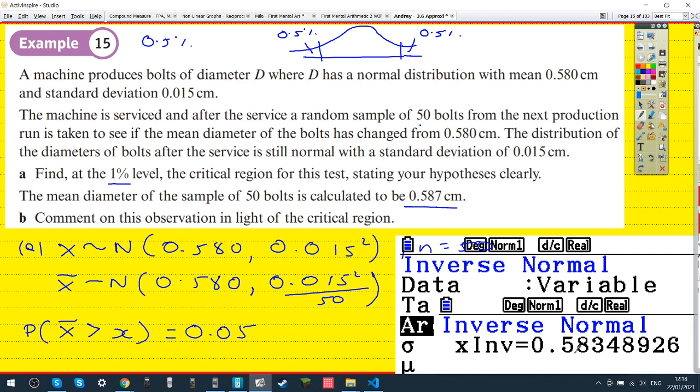So remember we got this, one of our answers was 0.583. So basically, if you get a diameter of 0.583 or more, then it's the alternate hypothesis that the diameter has changed in the machine. It has gone up. They take a sample, and the mean is 0.587, and so has the average changed, or was it just random chance?